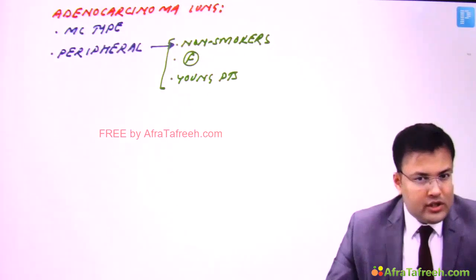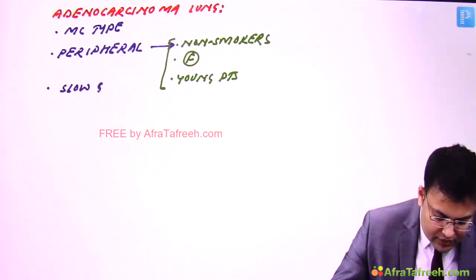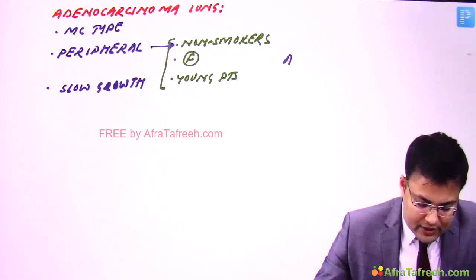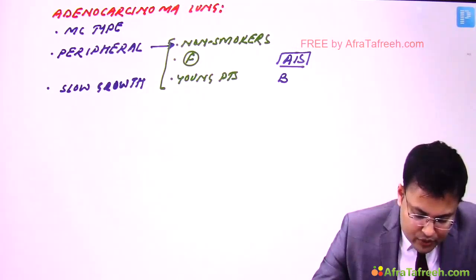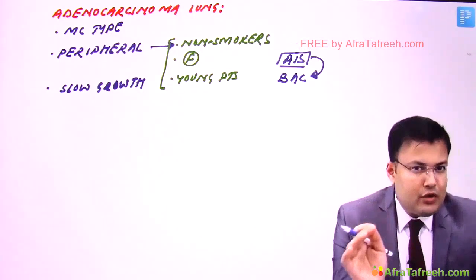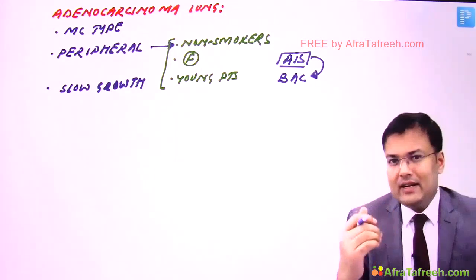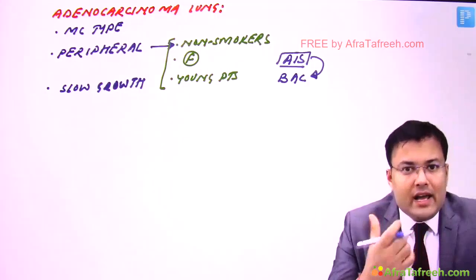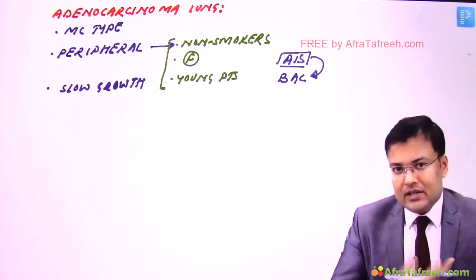Now the problem: though the tumor itself has slow growth, adenocarcinoma in situ, which was previously known as bronchiolo-alveolar carcinoma, has a tendency of aerogenous dissemination. So what? Spread via airway, that is aerogenous dissemination. If there is aerogenous dissemination, what will happen?